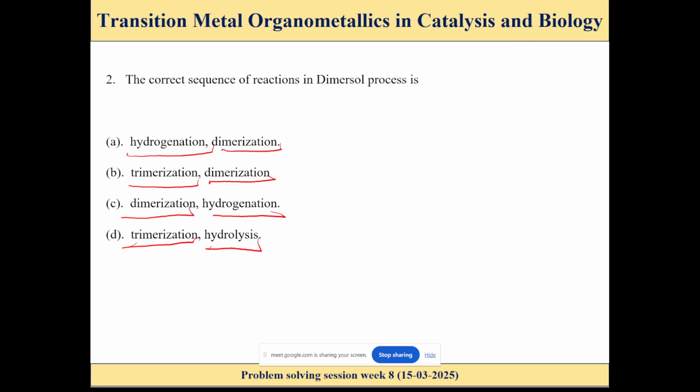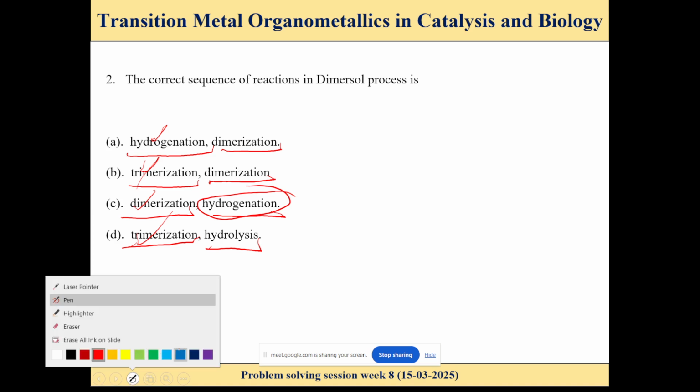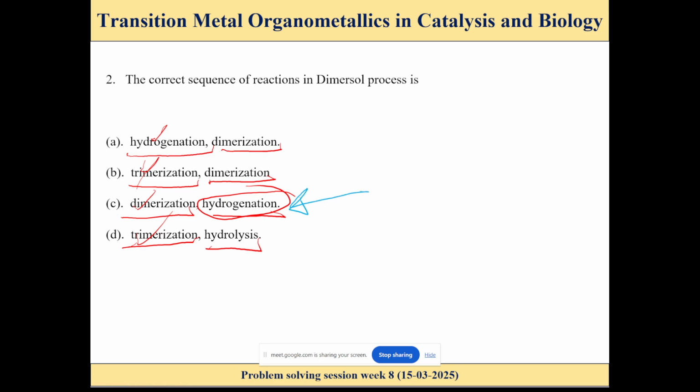Only option C contains the hydrogenation reaction in the last step. If you become confused between dimerization and trimerization, just remember that without hydrogenation this process is not completed. So the answer is dimerization and hydrogenation, option C.